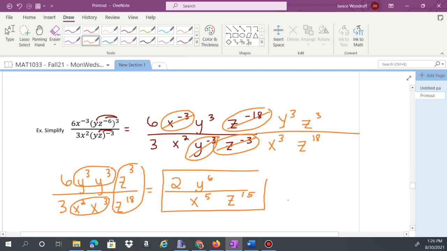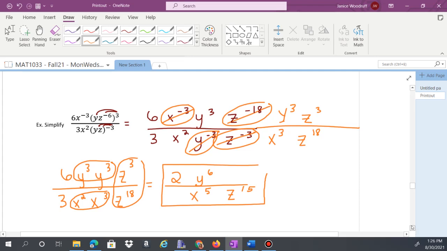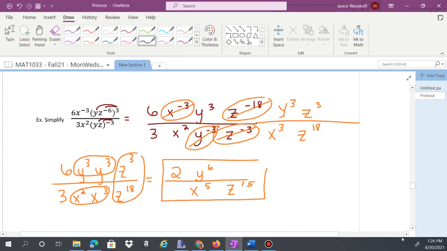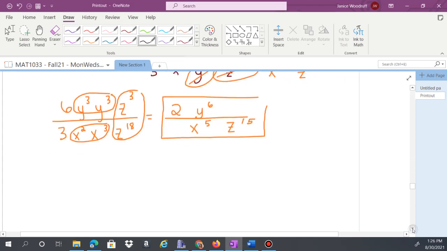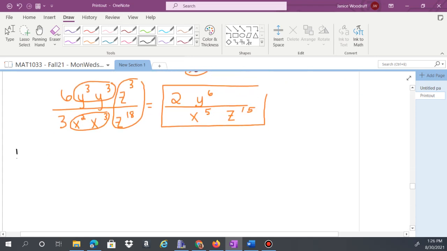All right, before you turn the page, I'm going to give you 2 of them to try. Okay, so let's go.